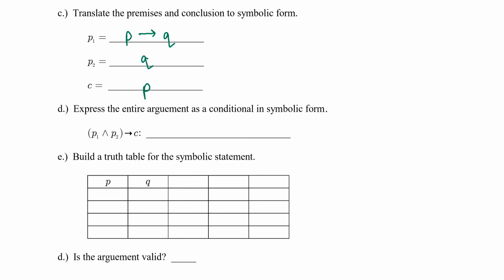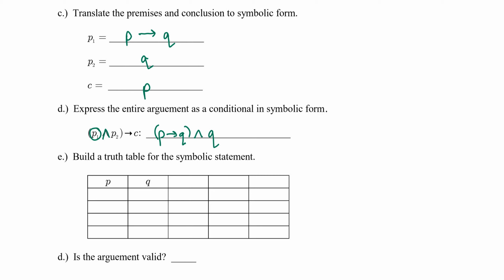Now, we're going to express the entire syllogism, the entire argument, as one compound statement. And here's our pattern. We're going to take our first premise, which we discovered is if P, then Q. We're going to join it together with our minor premise with the and symbol.